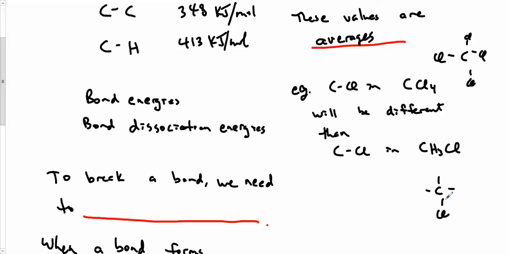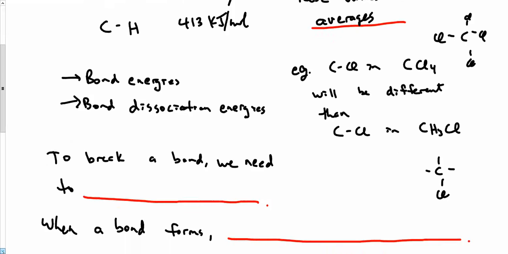The electrons will be distributed differently, so it will be slightly different. I don't think the changes will be massively different, but they might be a little bit, so we're looking at average values here. We call them bond energies, or bond dissociation energies.